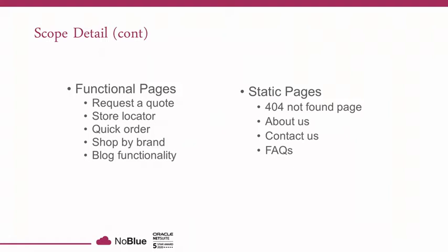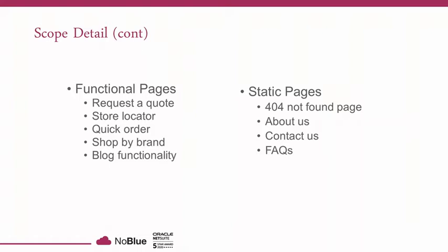As functional pages, what is already included in this package is the request a quote. The customer has the ability to make a list of items and submit it for quoting purposes.